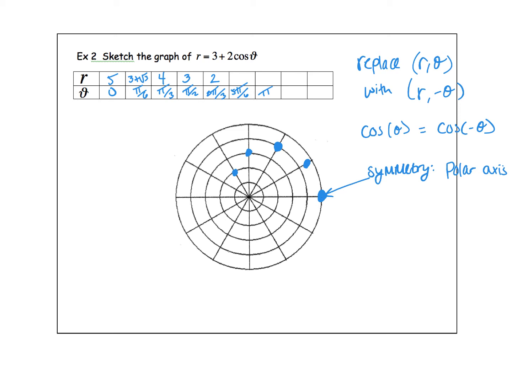Five pi over 6, negative root 3 over 2, so we get a 3 minus root 3 this time, which is in between 1 and 2. Right there. And then at pi, cosine is negative 1, so then it ends up 3 minus 2 or a 1. So I'm right there.